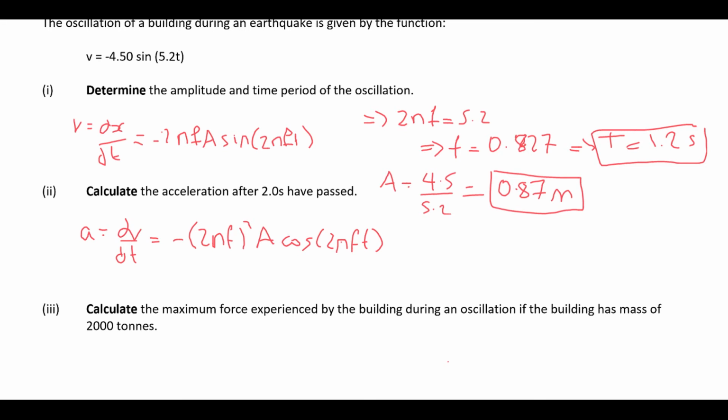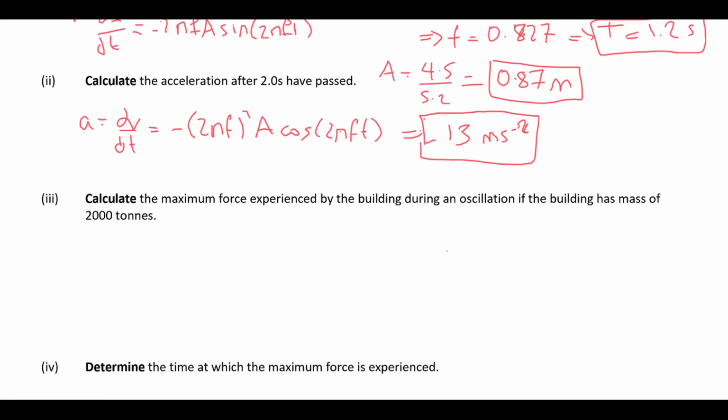So 2 times pi times 1.2, etc., times 2. Cosine of that is a negative number, so times 0.87 times 2 pi f squared, so times 5.2 squared times minus 1 gives you an answer of minus 13 meters per second squared when you whack all those numbers in there. That's your acceleration at that time.